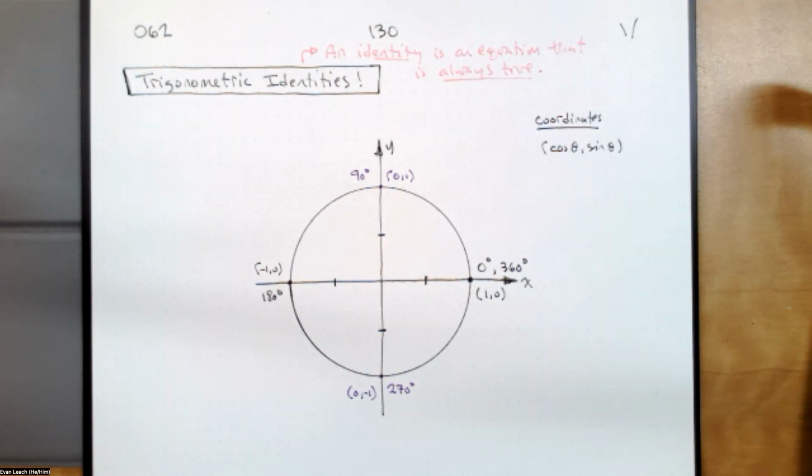We'll have to do a little extra work to get tangent of theta, but for now, we're going to learn cosine theta and sine theta going all the way around the unit circle. 30, 45, 60 in all 4 quadrants, and the angles on the axis.